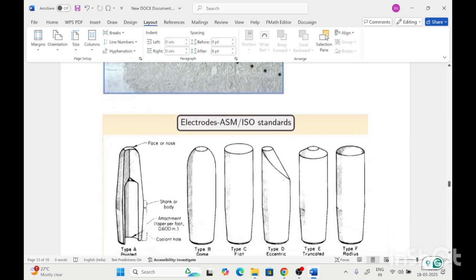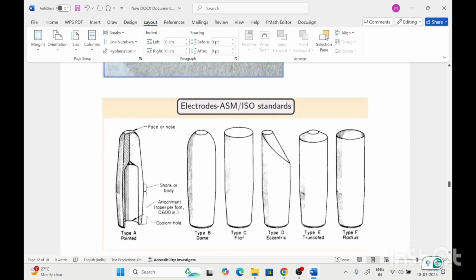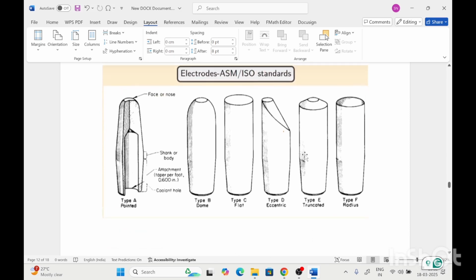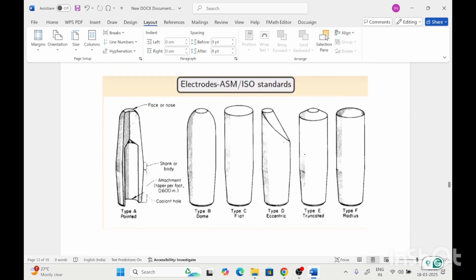Next are the electrodes used in this resistance spot welding, which are generally of six types. So type A pointed, the different geometries are used for the spot welding.